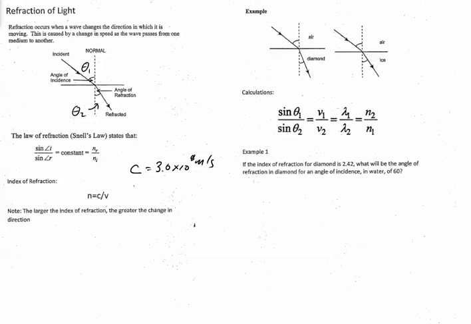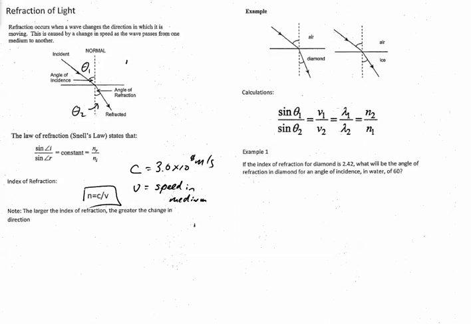Well, v is the speed of light in the new medium, so in water, plexiglass, or whatever it's traveling in. Now that speed will always be slower than the speed in a vacuum. So n is really our constant, our material constant.